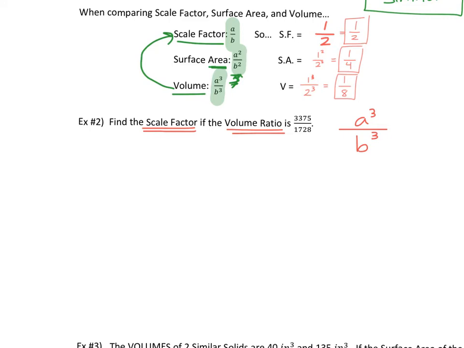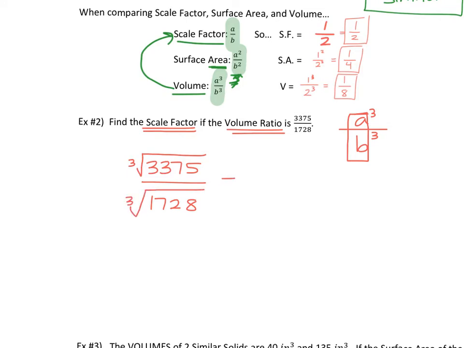Well, if I want to get rid of those cubes, I need to cube root, right? So if I take 3,375 and 1,728 and I cube root both of those, so the cube root of this and the cube root of that, I should be at my scale factor, okay?